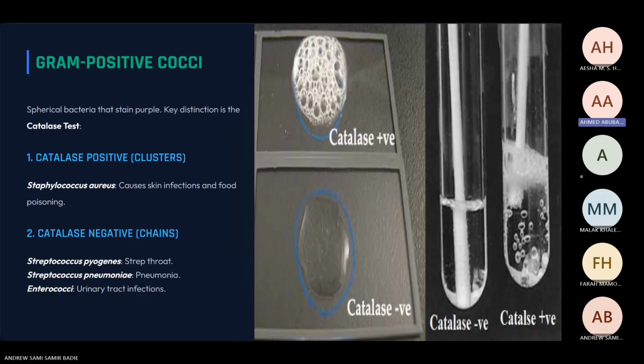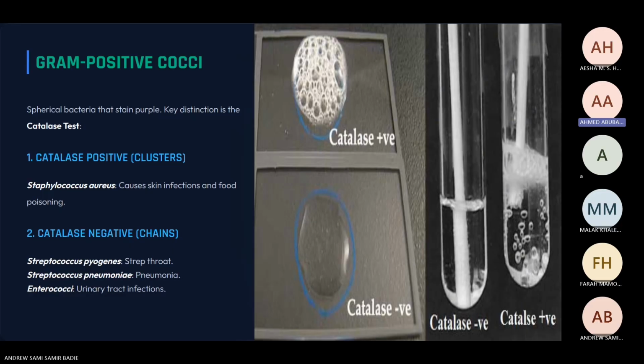The catalase-negative bugs grow in chains and are called streptococci. For example, Strep pyogenes gives you strep throat, Strep pneumoniae causes pneumonia, and we have the enterococci, which are a big cause of urinary tract infections. So it's a very simple test that differentiates between Staphylococcus and Streptococci.